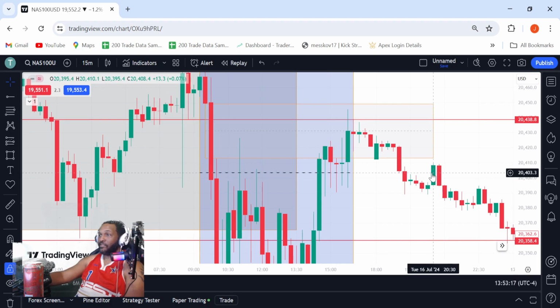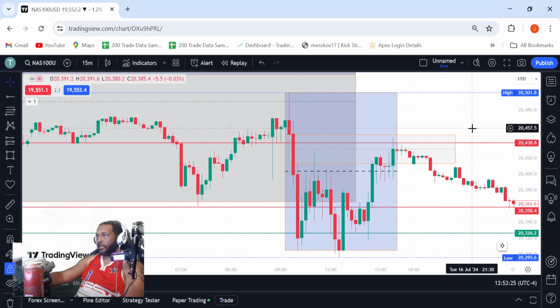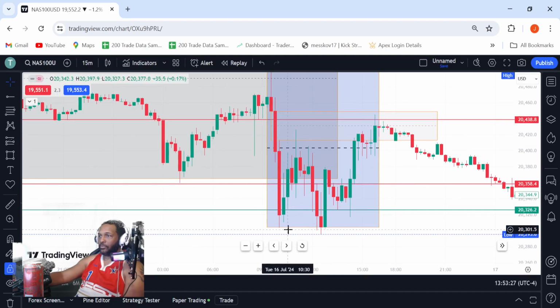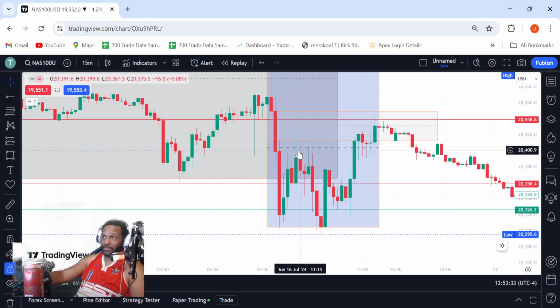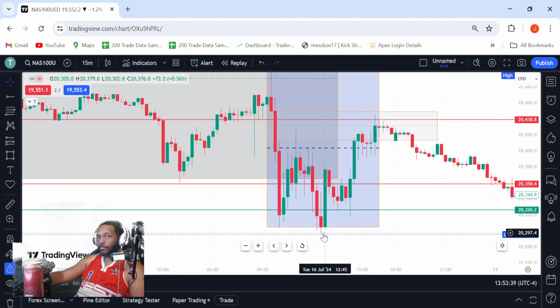So you have basically 17 body closures above the mean threshold for the initial balance. However, again, the strength under which price broke down, it came back up initially, and if you notice, it respected it initially to do what? To point you in a direction that, hey, we're probably going to go short.